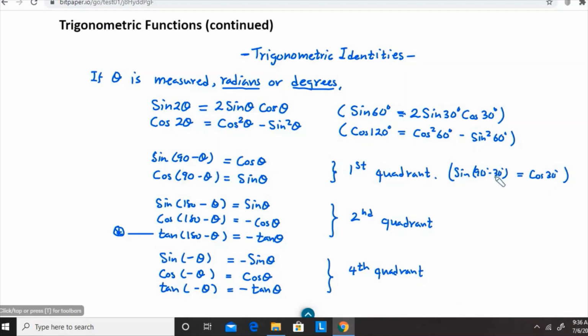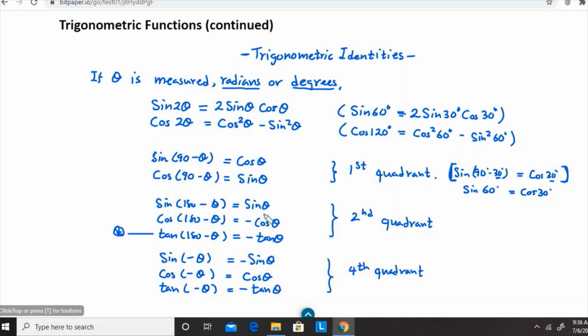Because this theta is this 30 over here. And then you'll have sine 60, because 90 minus 30 on the left hand side is 60. So sine 60 is equal to cosine 30 degrees. So you can use a calculator and verify this if you want to do that.